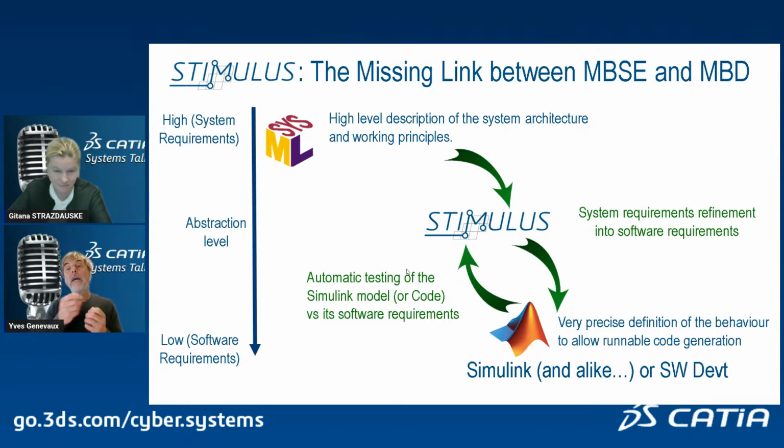And it's really in the middle, helping the system engineers to refine the system requirements into software requirements first, making sure the software requirements are correct. So the guys who implement the system have a proper set of inputs to do that. And later on, when you want to test that the implementation meets its specification, the Stimulus model is the right model to do that very much automatically.